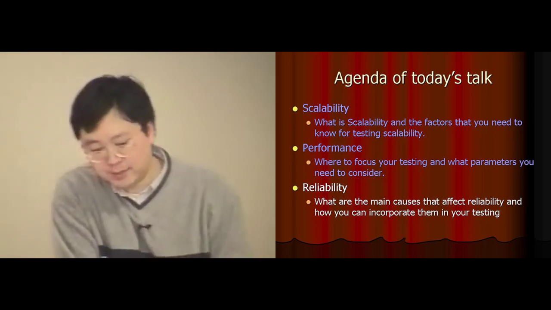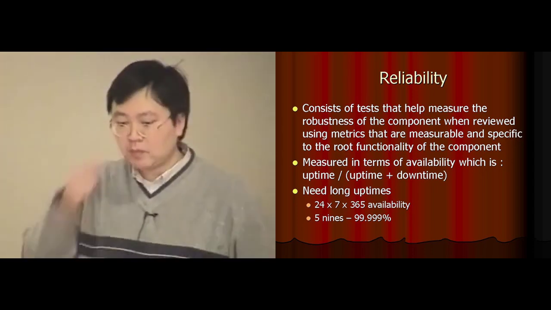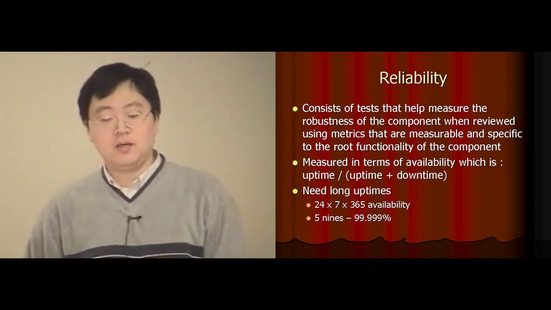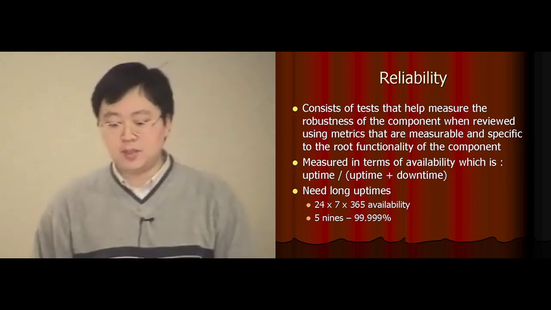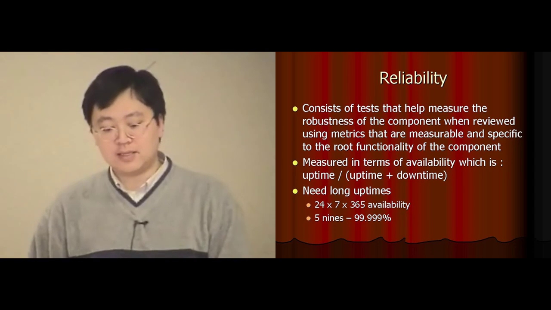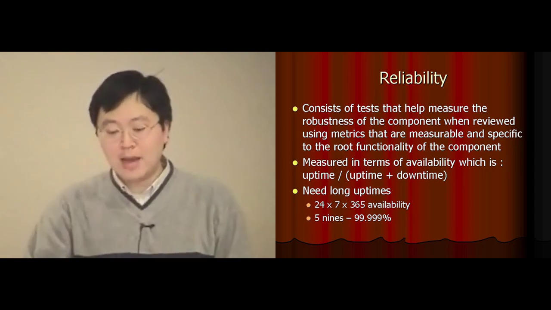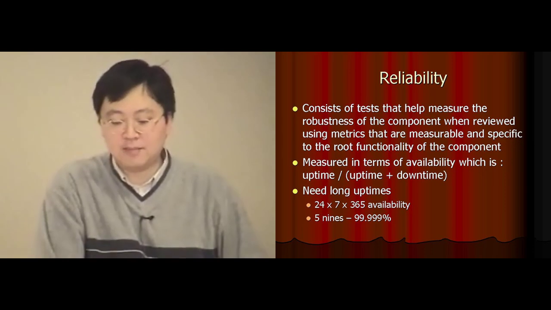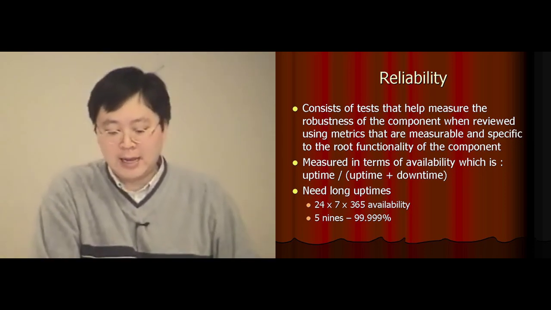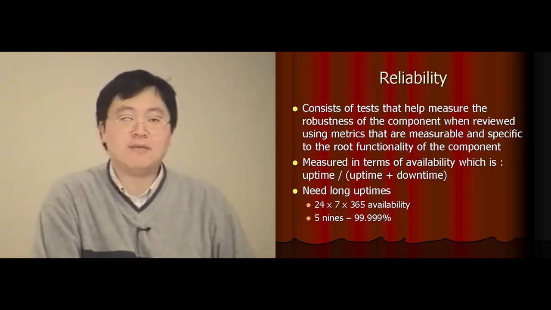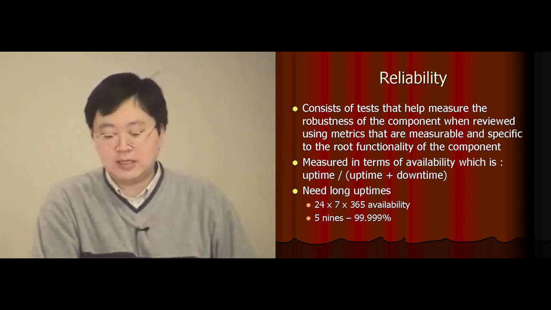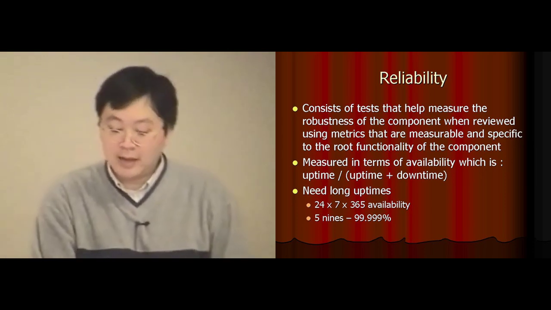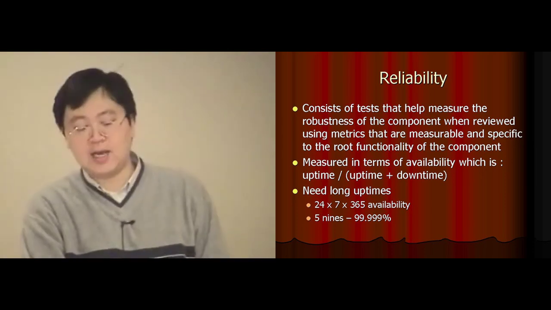Okay, reliability. Reliability consists of tests that help measure the robustness of the component when we use stress testing. The measure is in terms of availability, which is uptime divided by uptime plus downtime. And usually we think we should have 24 hours a day, 7 days a week, 365 days a year, and we hope we can have five nines.